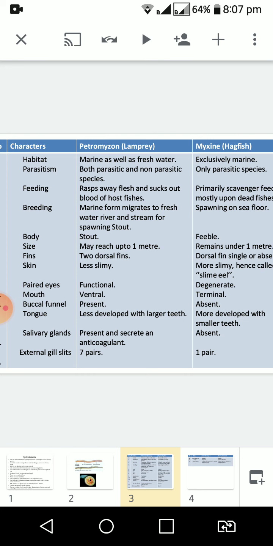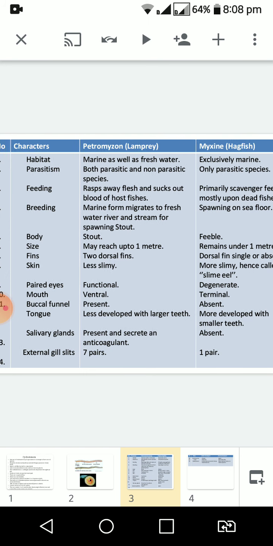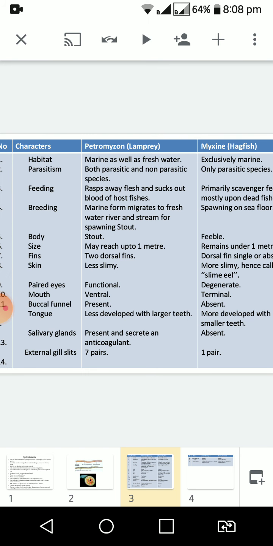And paired eyes in the petromyzon are functional, and in the myxin the eyes are degenerate. So that is the important thing. And the mouth in the petromyzon is ventral in position, a purely circular shape mouth, but in the myxin the mouth is located at the terminal end. So that is the difference from the mouth point of view.